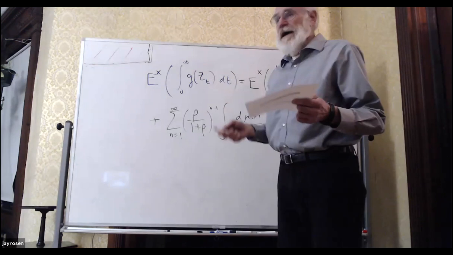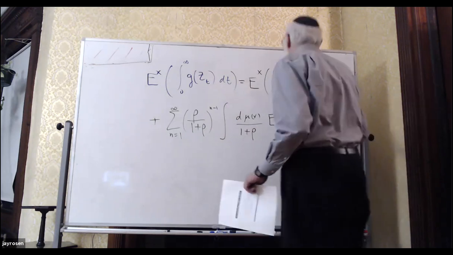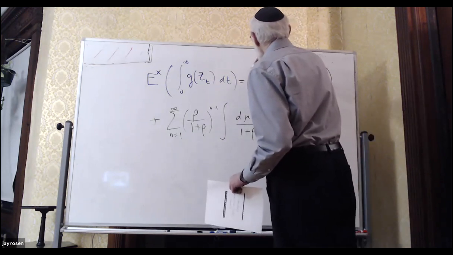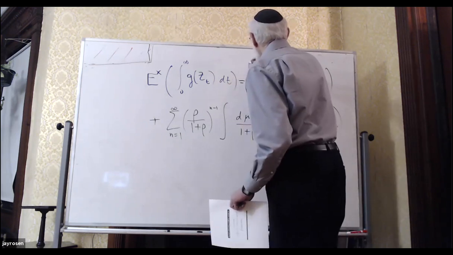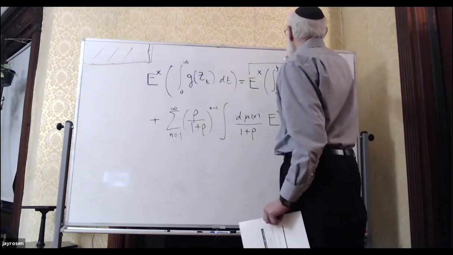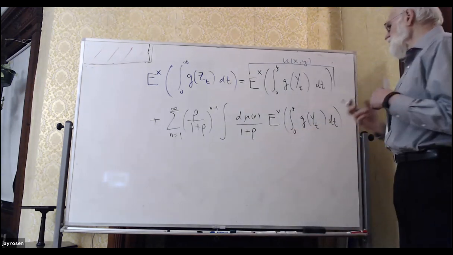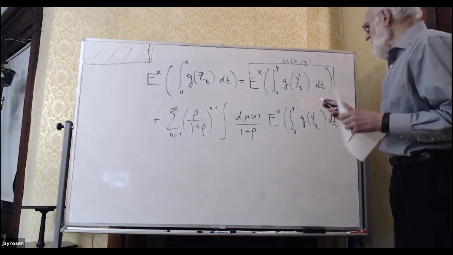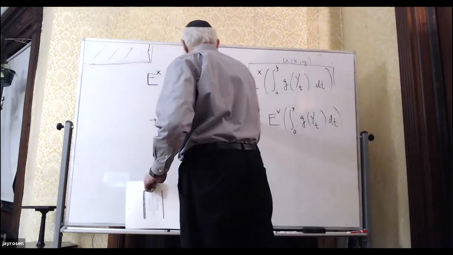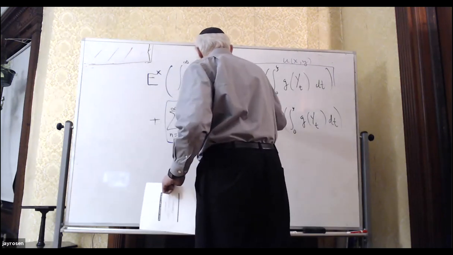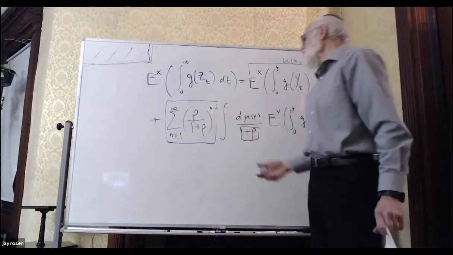And now let's see what we have. This is precisely u of x with respect to y. And what about this? I'm going to take this sum together with this; this whole blue thing is 1. It's a geometric series.